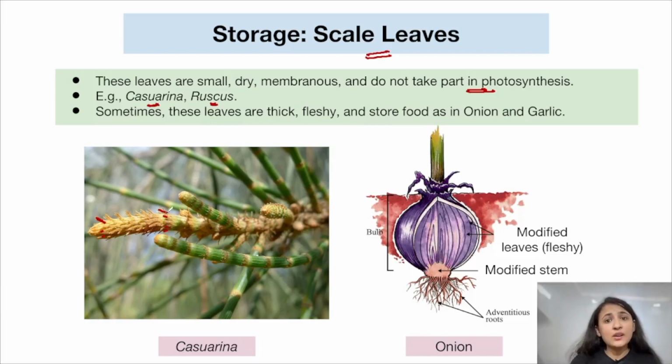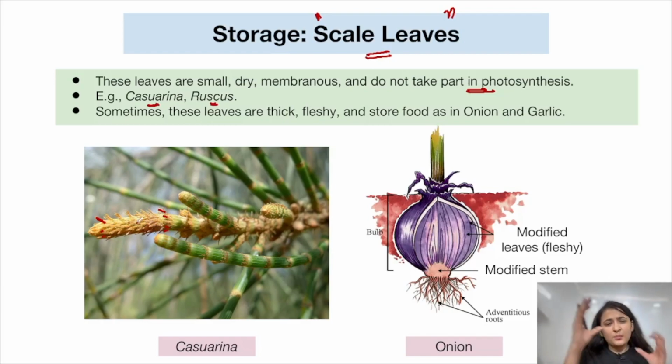The leaves that we know are green in color, right? Green and exuberant in appearance. But here these are so yellow, thin, pale, membranous structures. These are leaves only which have modified themselves into scale-like structures. That is why the name scale leaves is given.